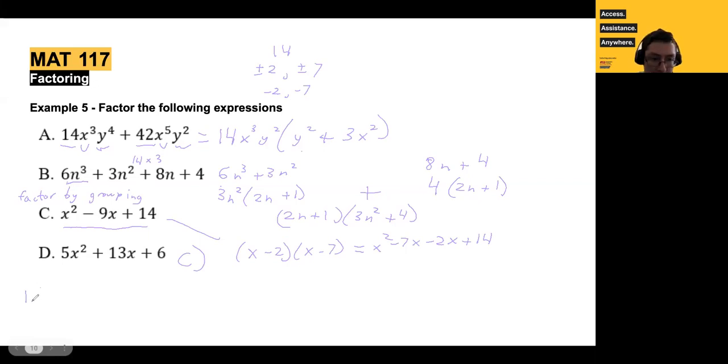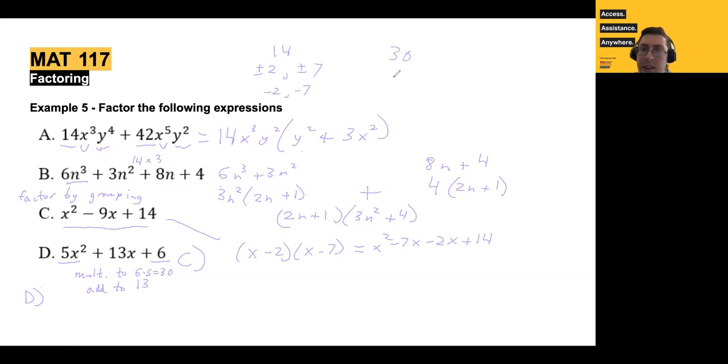Part D is slightly trickier because now there's a 5 in front of the x squared. In this situation, we want numbers that multiply together to 6 times 5, which is 30, and that add to 13 as well.